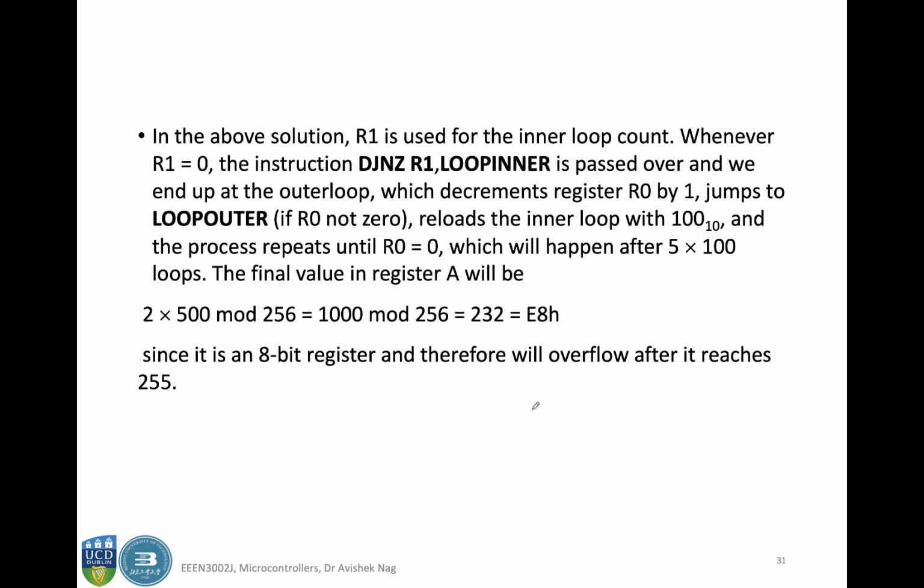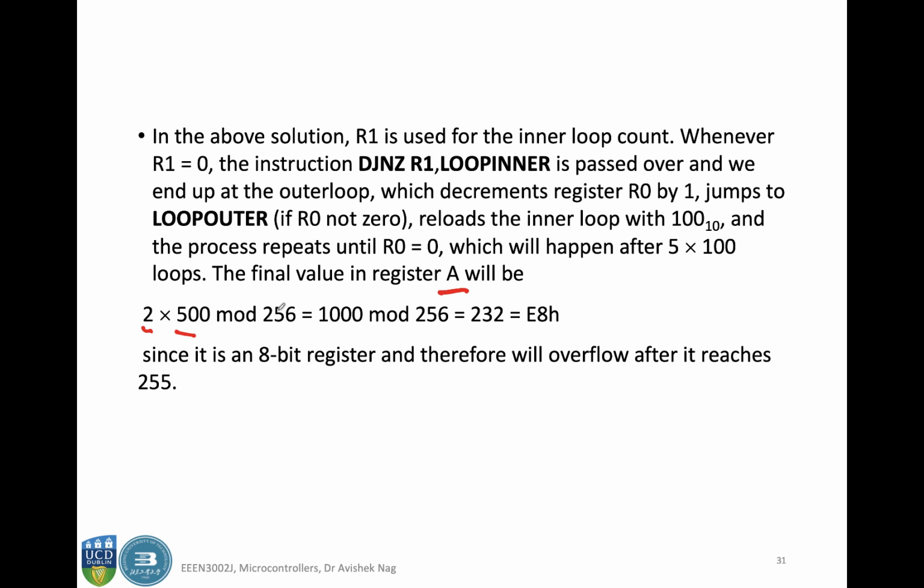And the final value in register A will be 2 times 500. So 2 is added 500 times. So 2 times 500 is 1000.